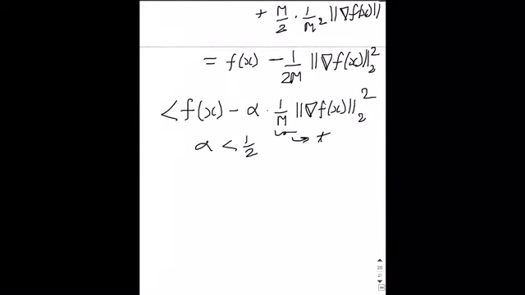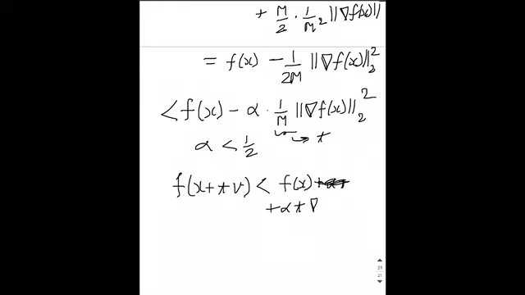So f of x plus t v has to be less than f of x plus alpha times t times gradient of f of x transpose v.